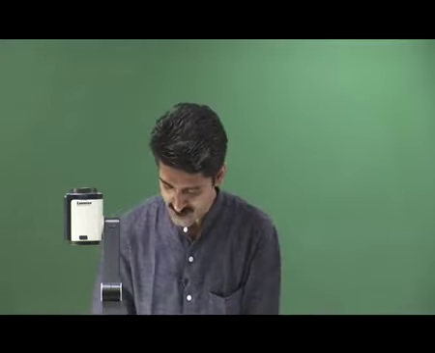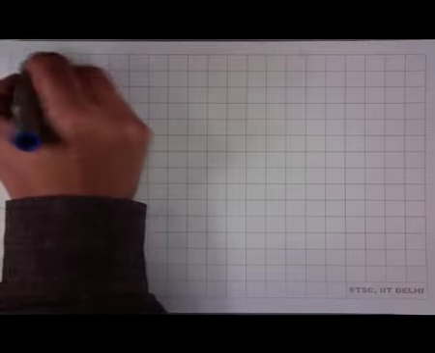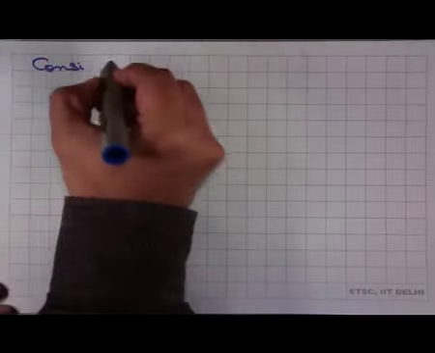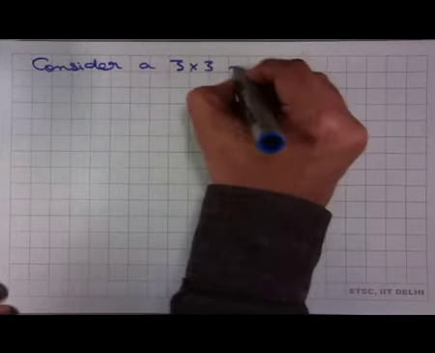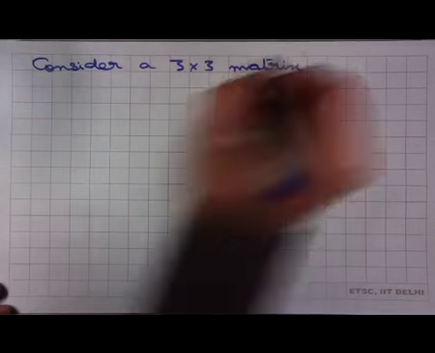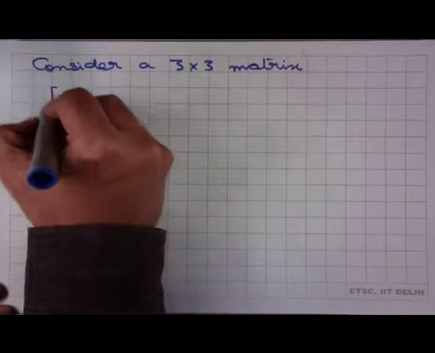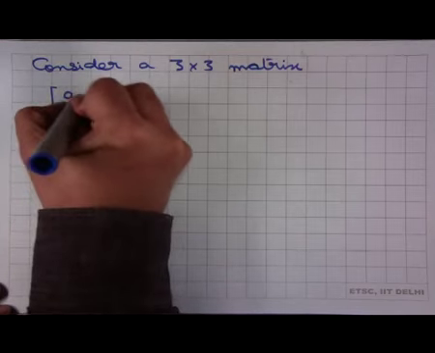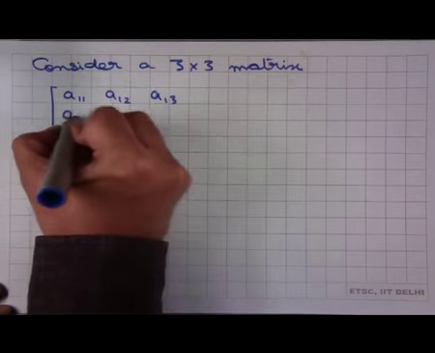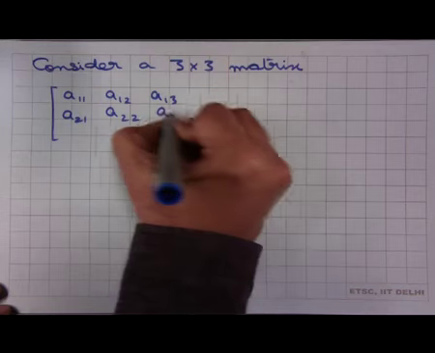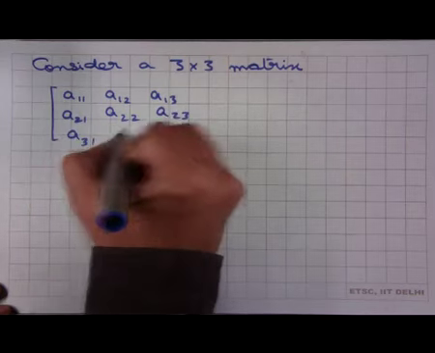I think the ideal place to start over here would be to start with a 3 by 3 matrix and look at the columns. Okay, so let us consider a 3 by 3 matrix, in the general situation with entries A11, A12, A13, A21, A22, A23 and A31, A32, A33.